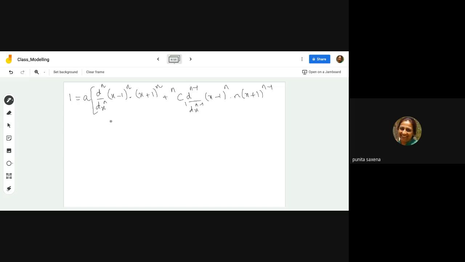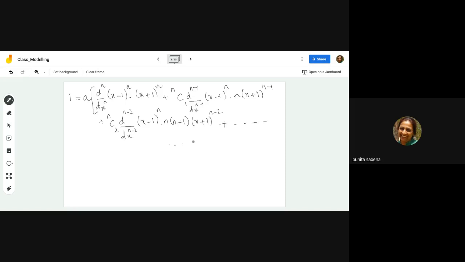Similarly, what will be the next term? nC2, the n minus 2th derivative of this term into the second derivative of v, which is n into n minus 1, x plus 1 to the power n minus 2, and so on and so forth.